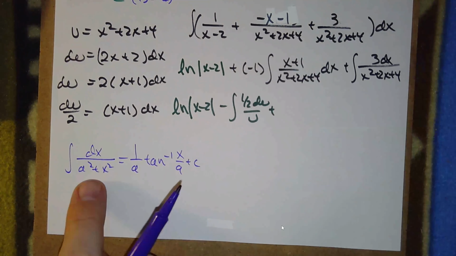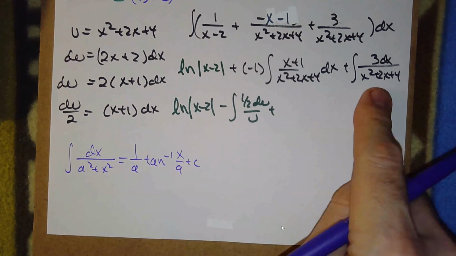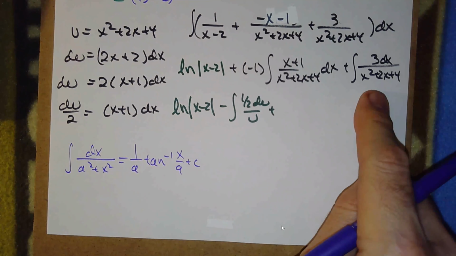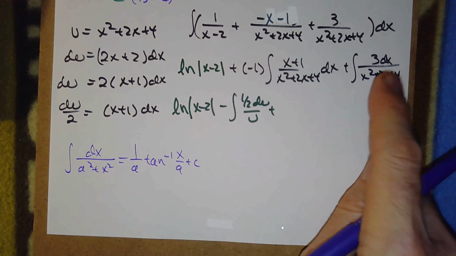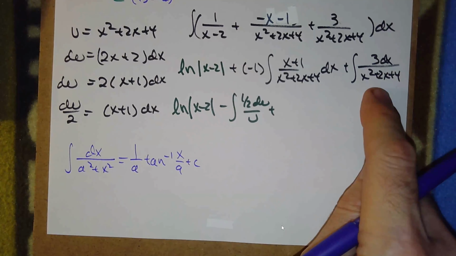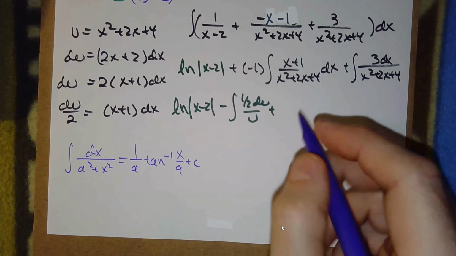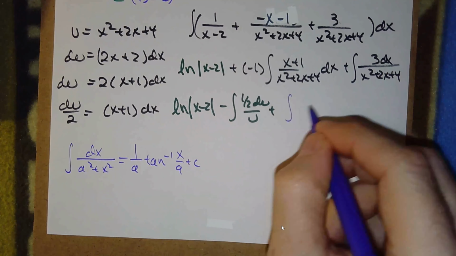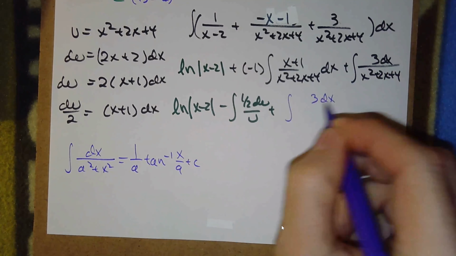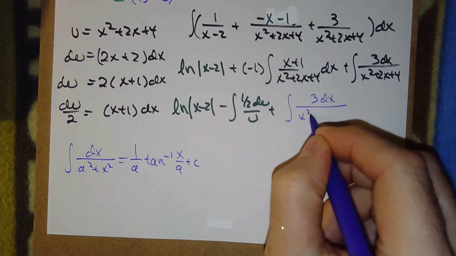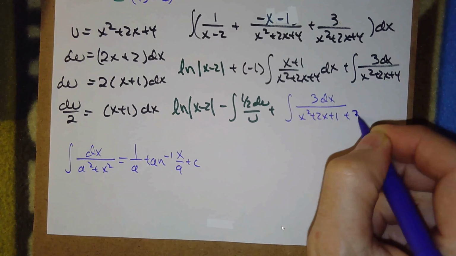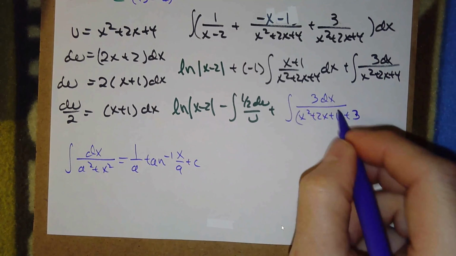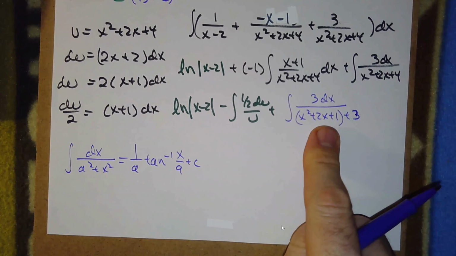But this doesn't exactly match up here very well. So there's a little trick we're going to play here on our denominator. I'm going to split it up a little bit this way. 3 dx over x squared plus 2x plus 1 plus 3. Now, why did I split it up like that?